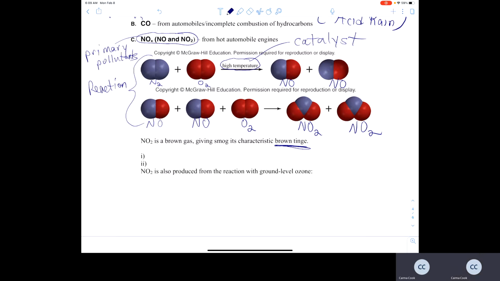So it's called a reaction mechanism because there's more than one reaction involved in order to get your final product, which is NO2. It takes two steps. The first step is your N2 plus O2.